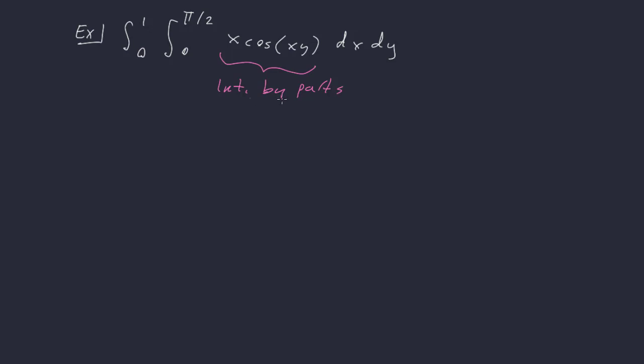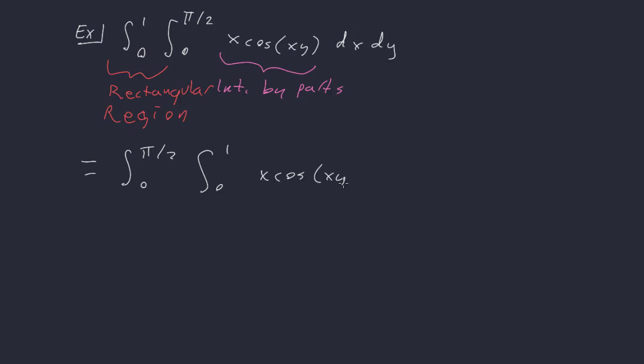However, if I swap the order, it won't. And since this is a rectangular region, swapping the order is just as simple as swapping the integrals. But again, keep in mind, this is only true for rectangular regions.